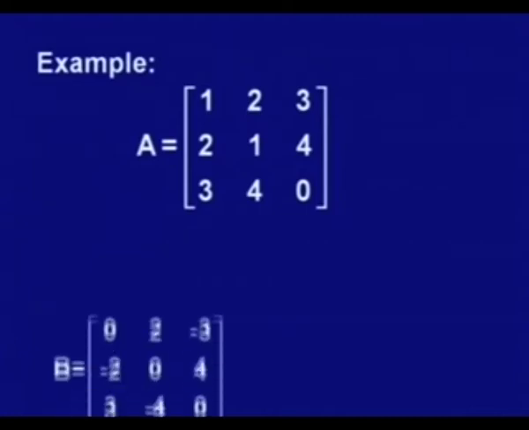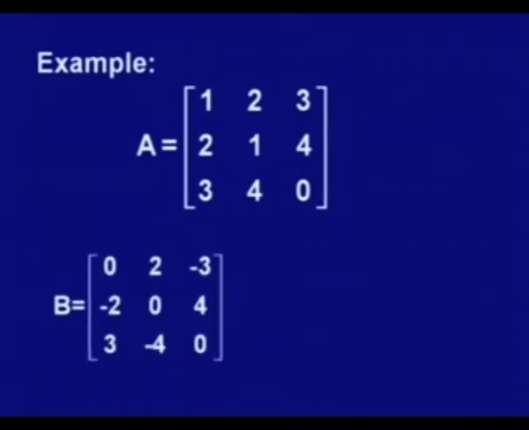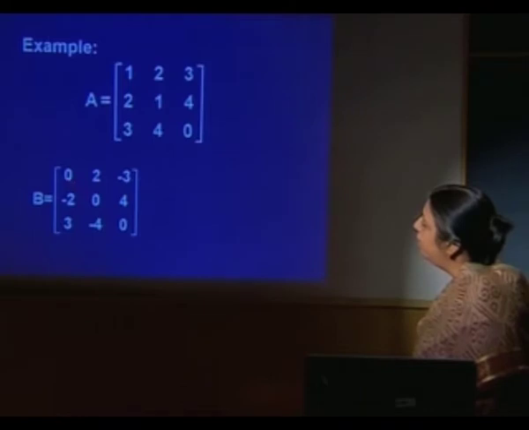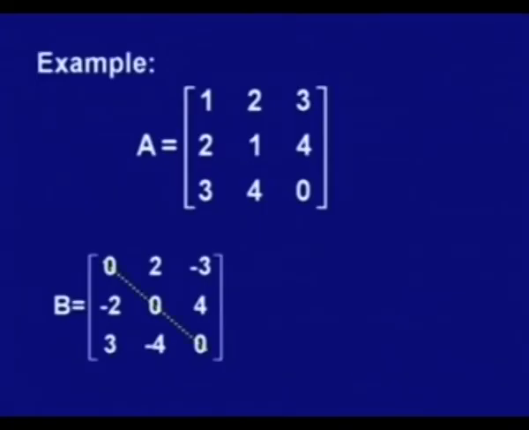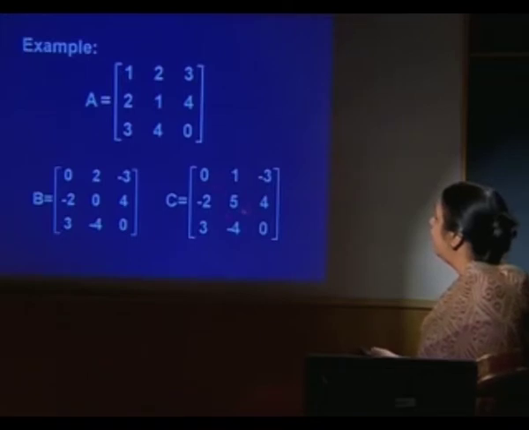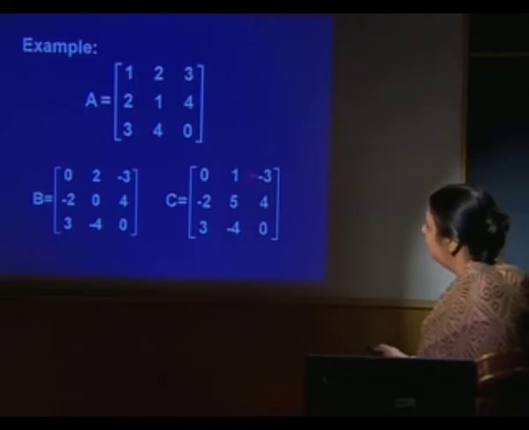While this matrix is a skew symmetric matrix, look at the diagonal elements, all elements are 0. This is 2, so here we have -2. If this element is -3, this element is 3, and if this is 4, this is -4. So, this is the diagonal and this is the mirror image on this side. While for this matrix C, this element is not the same as this element, this element is not the same.